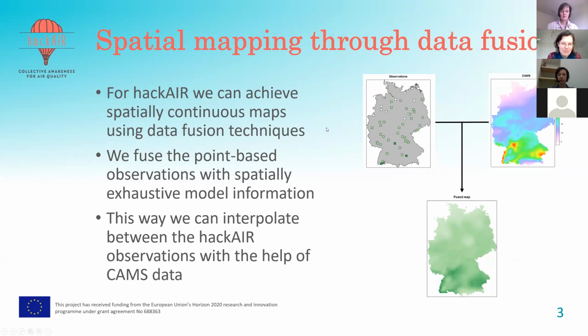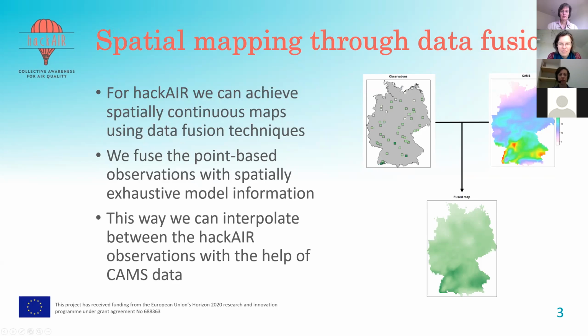And this allows us to achieve spatially continuous maps using these techniques. I'm not going to go into the mathematical details, but these are based on geostatistics and spatial interpolation using proxy information data sets. But essentially what we do is we take the observations that we get from hackAIR over a domain, we average them over a certain time period, and then we combine those with the observations or the predictions from a model.